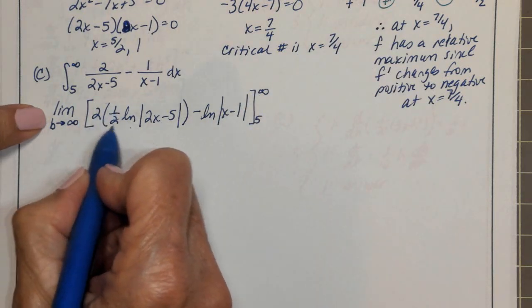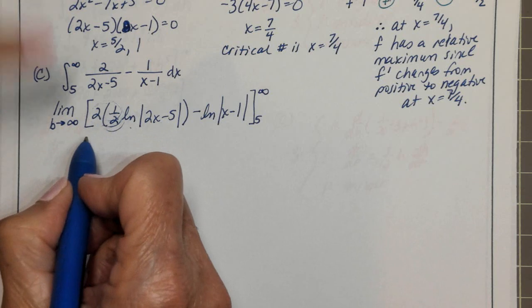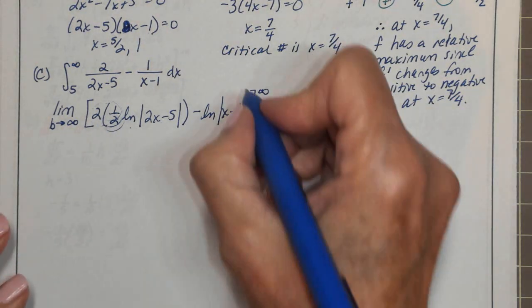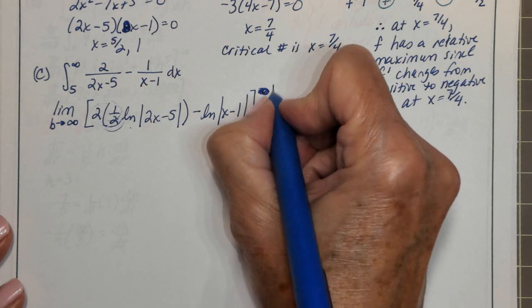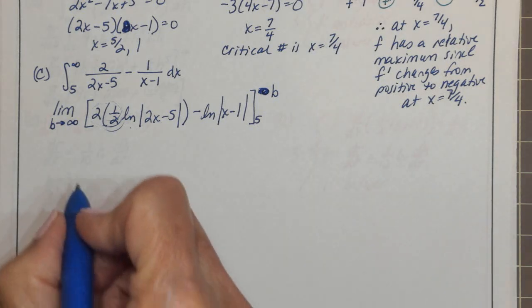Well, clearly this 2 and the 1/2, they reduce out. Oops. Do not put infinity up there. Put a b up there. Sorry about that. That would be a no bueno thing. I would lose a point if I did that.